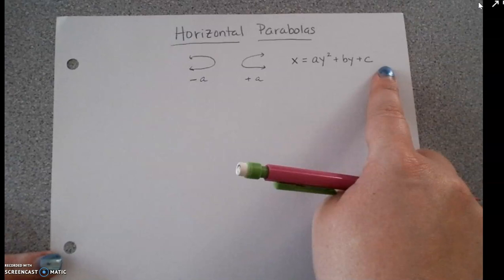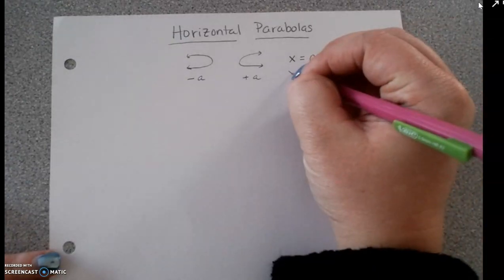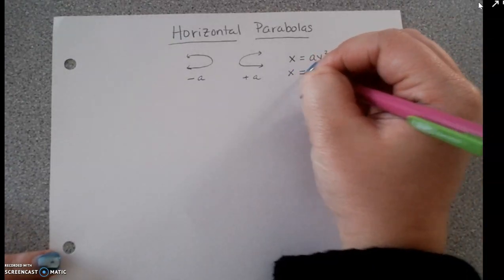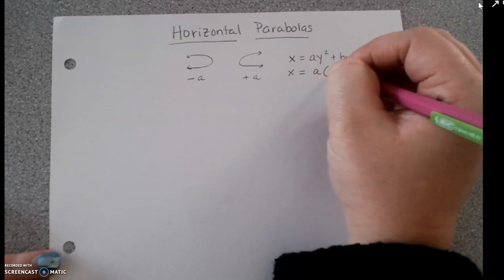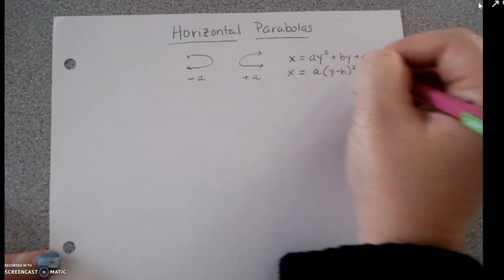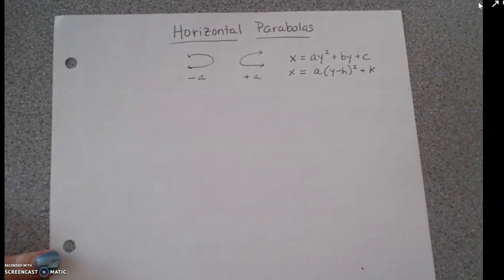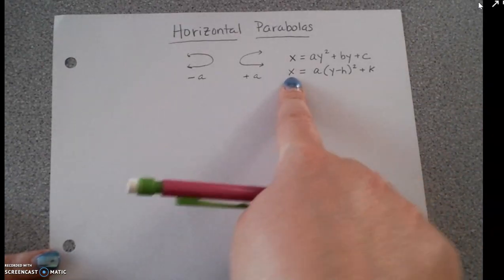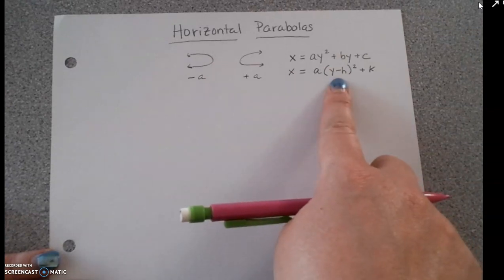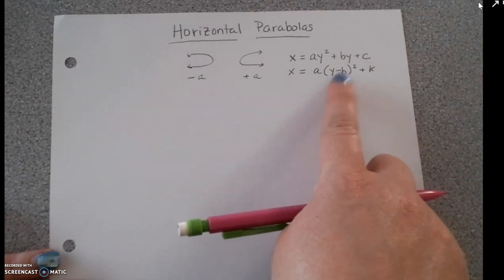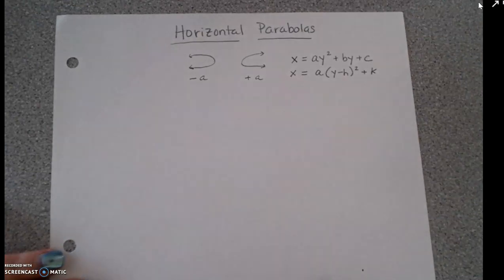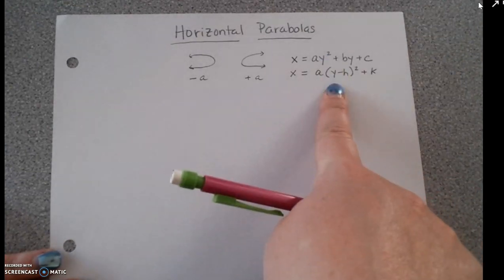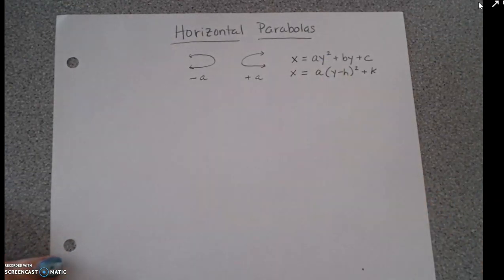That's in standard form. In vertex form, it looks like this. Instead of having y equals, we have x equals, and instead of having x minus h, we have y minus h. So that's standard form and vertex form.